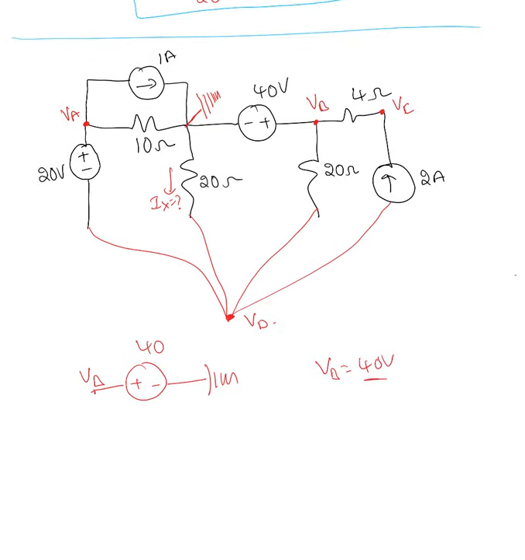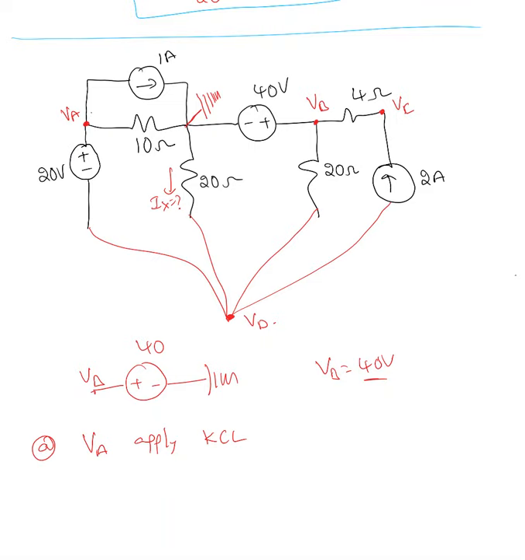Okay, do I need to apply KCL at VA? Yes, at VA apply KCL. Here we cannot solve it by using the normal nodal analysis. In this case also, you have to choose a supernode, since there is a voltage source between VA and VD. So let me solve this.